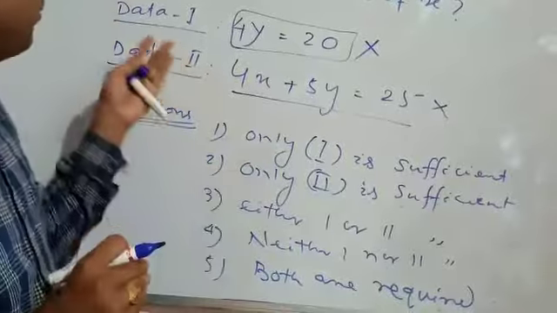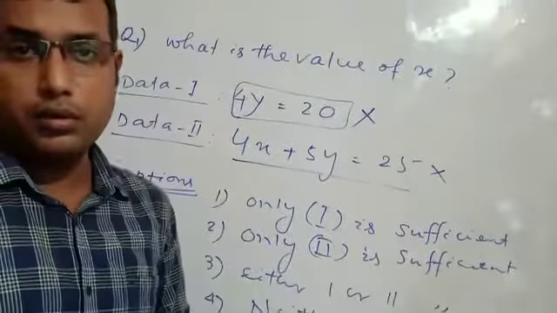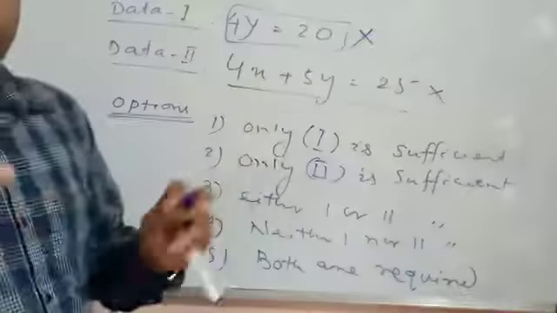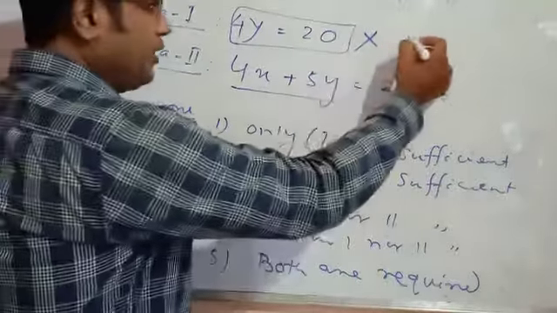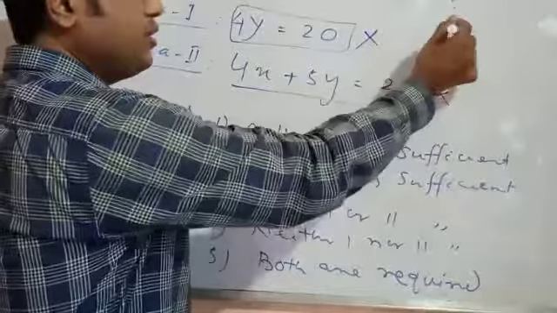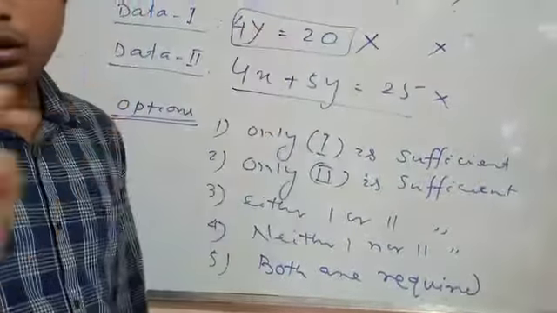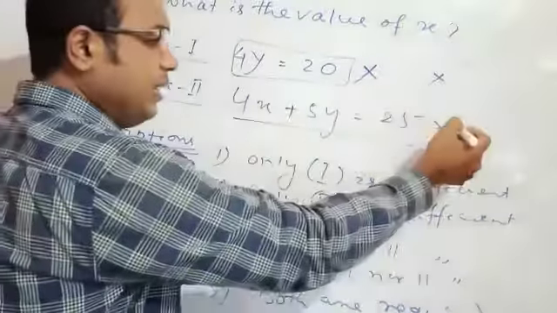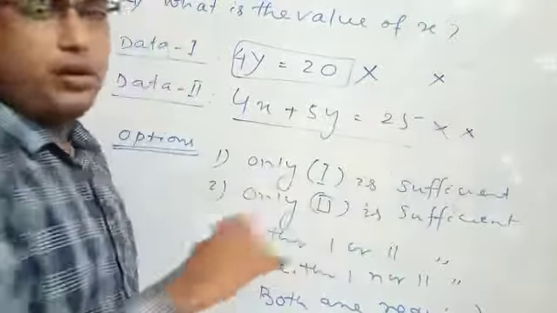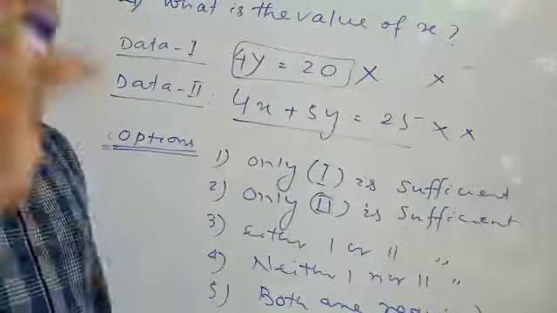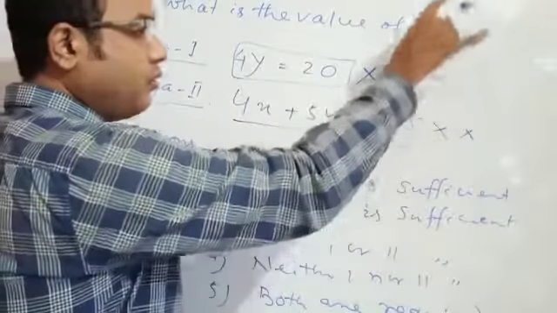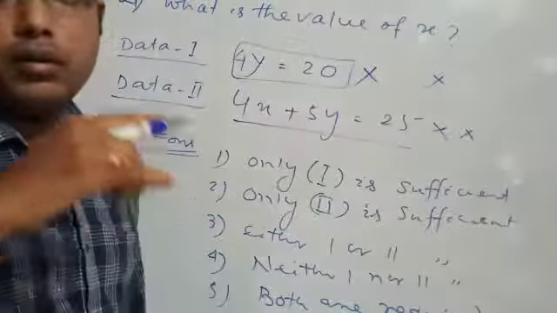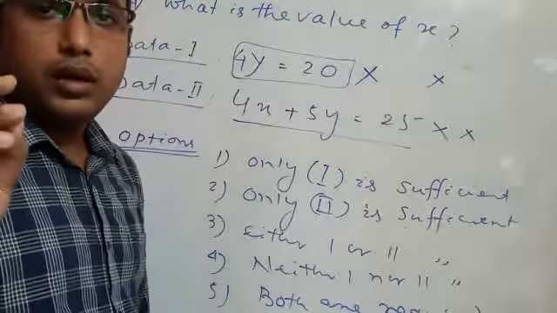Don't think it is a very easy type of question, it is a very difficult, analytical type of question. So first of all, check individually. Individually this is not sufficient. Then check the second one individually, that is also not sufficient. So the first one is not sufficient, this one is not sufficient, neither 1 nor 2.